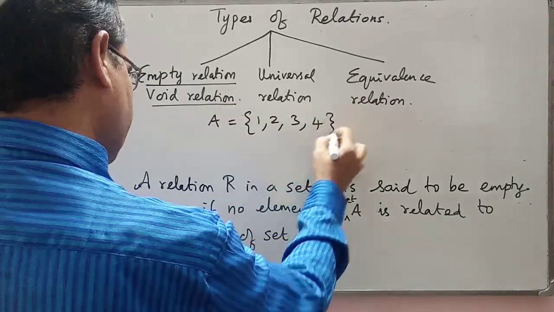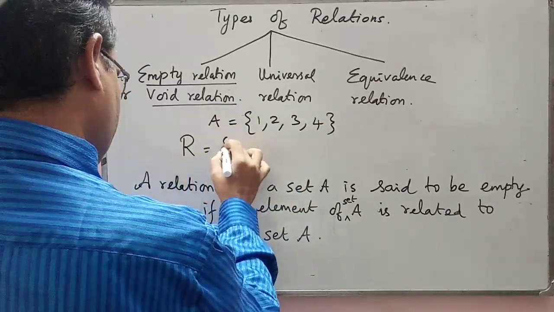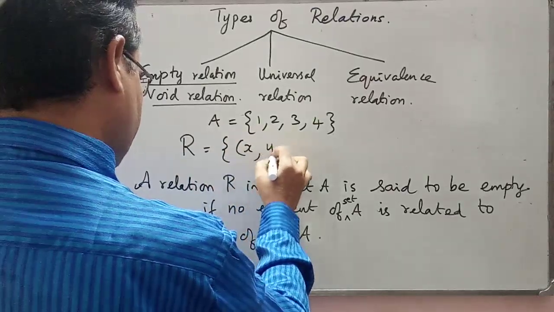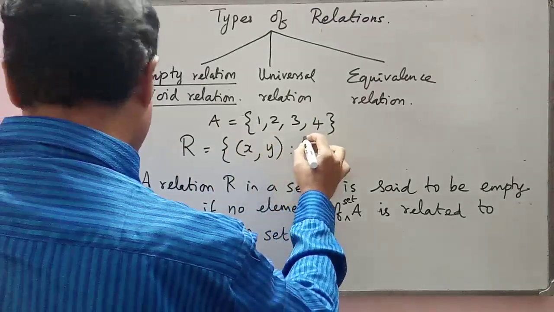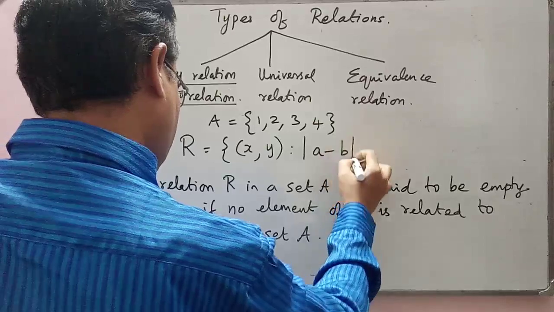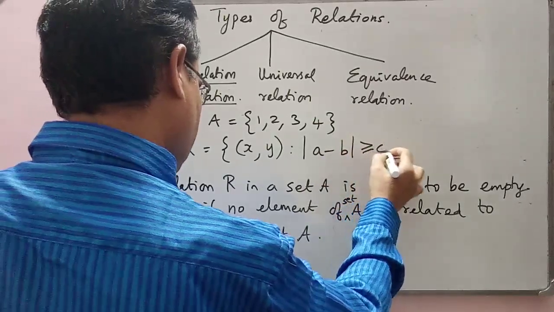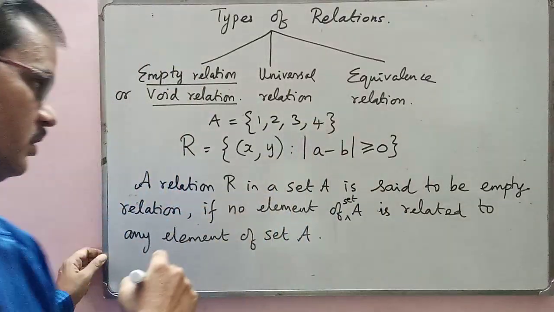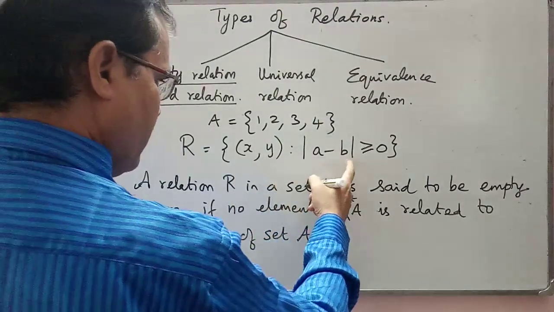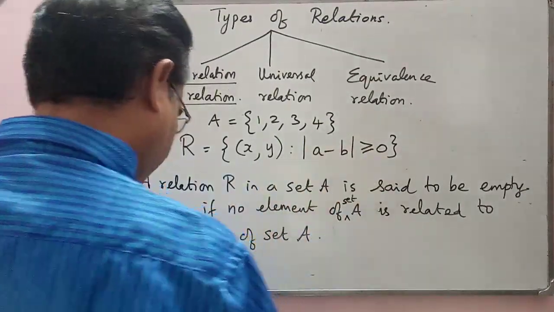Now I define a relation R as the set of all (x, y) such that the modulus of the difference x minus y should be greater than or equal to 0.